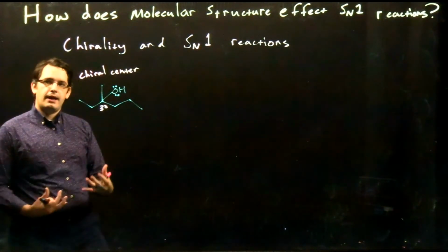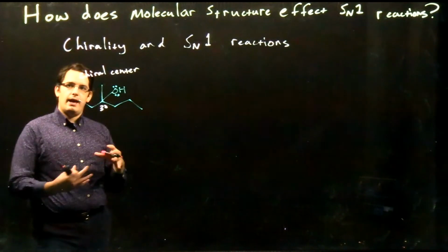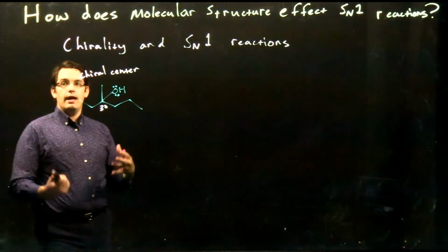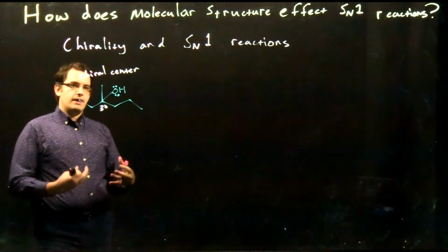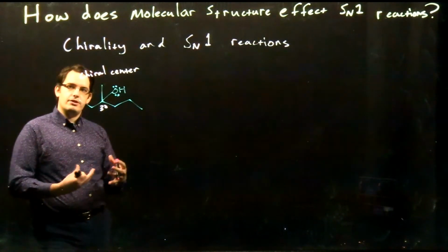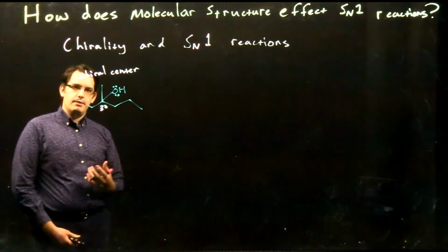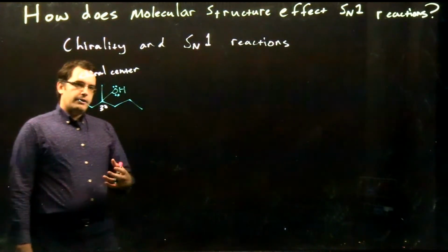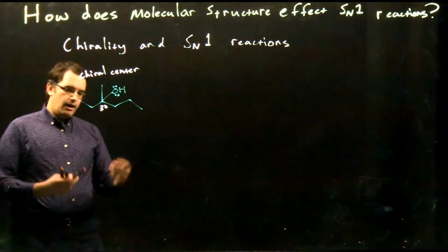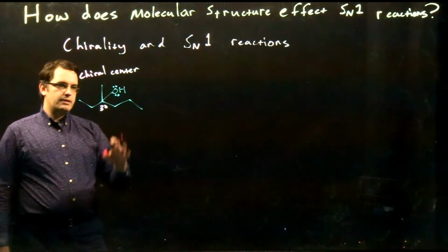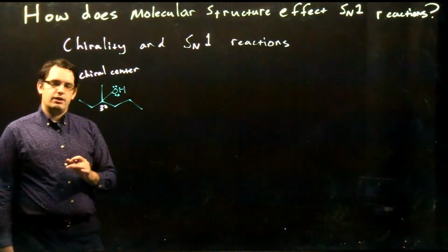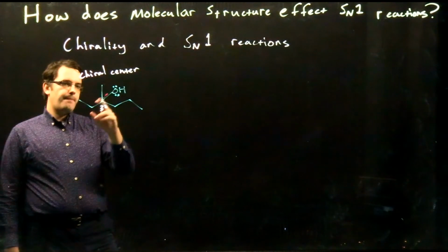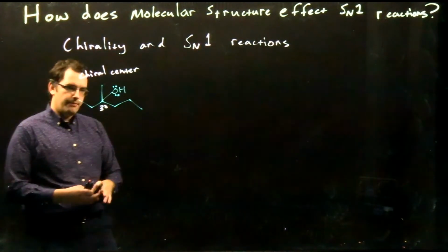Now, of course, we talked about chiral centers earlier because they allow us to have unique enantiomers, which are stereoisomers, molecules that have different shapes that can be mirror images of each other. So for this particular molecule, we could have either an R or an S enantiomer, depending on the configuration of our groups at this chiral center.